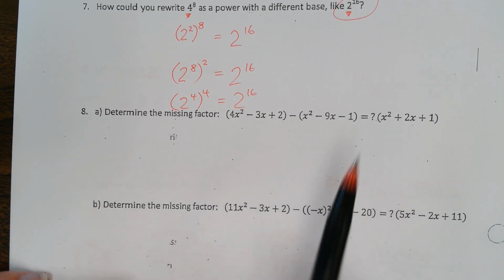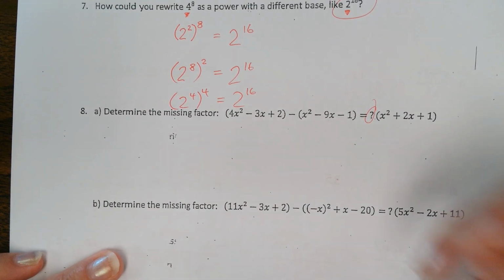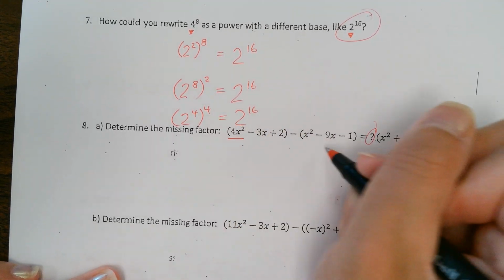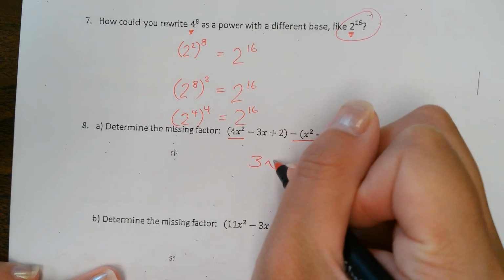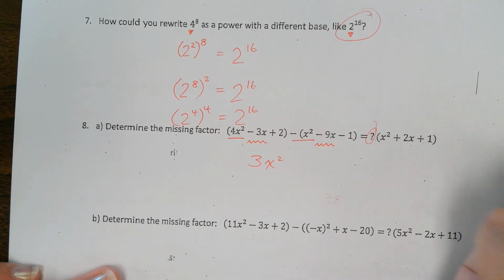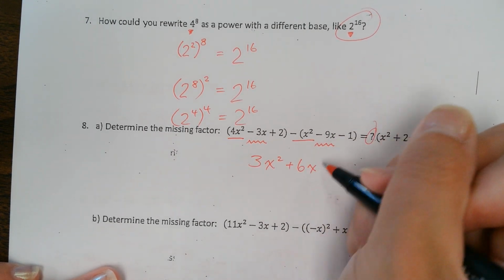Determine the missing factor. First off, we'll have to simplify this before we can figure out what this is. So 4x squared, negative x squared, you get 3x squared. Negative 3x, positive 9x, you get plus 6x.